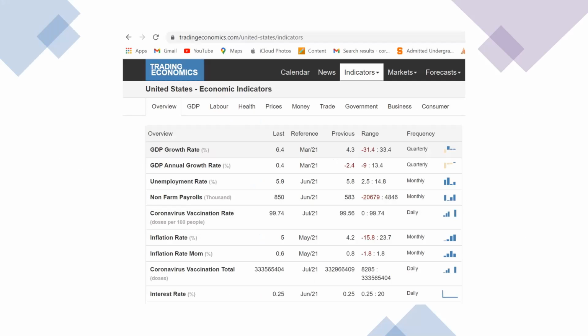Now we can put all of these together and look at some actual numbers of the economy, and I encourage you to go to this website called tradingeconomics.com, search for United States under countries, and they'll pull up all these different indicators of the economy. For example, we are seeing that at an annual rate, GDP grew in the last quarter by 0.4%, not a whole lot of growth, right?